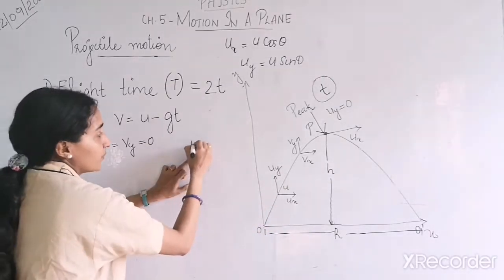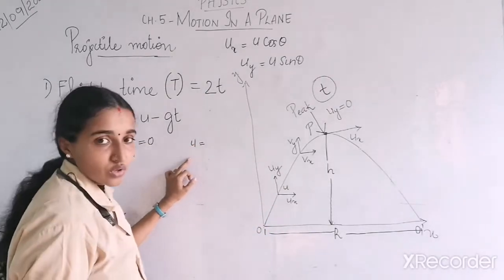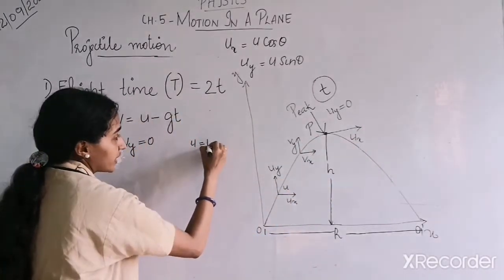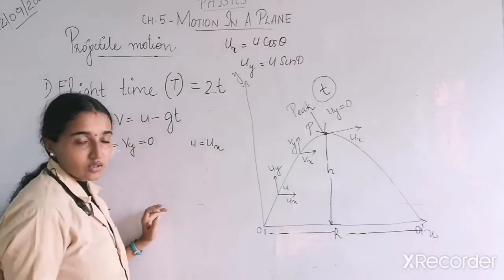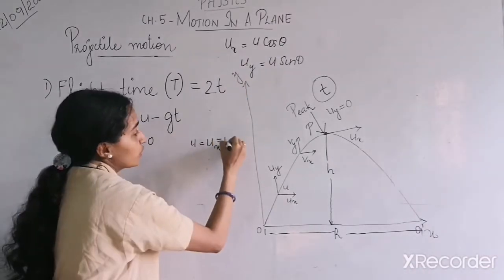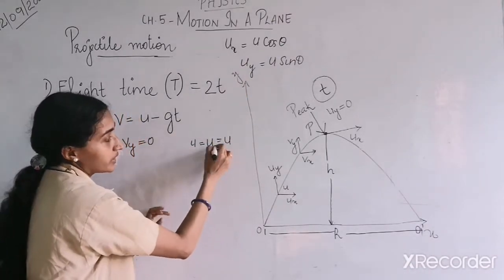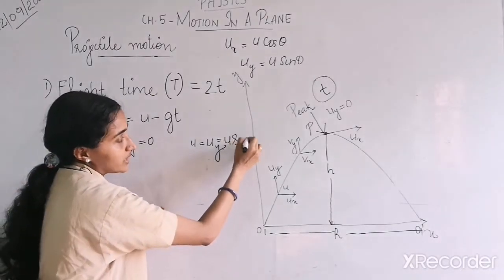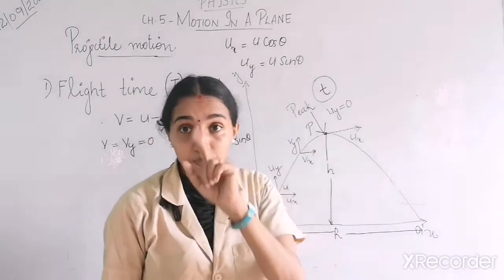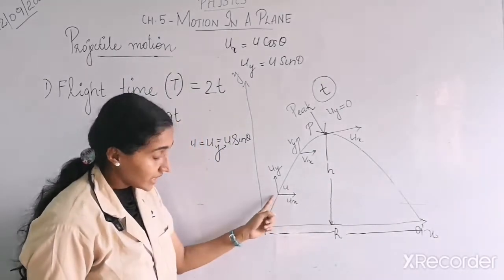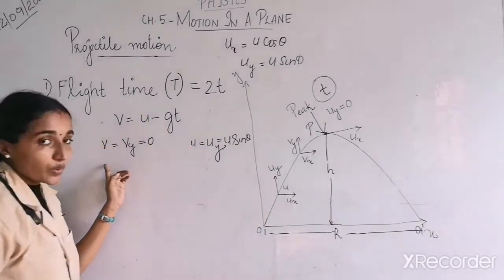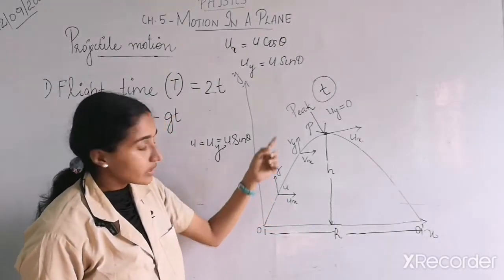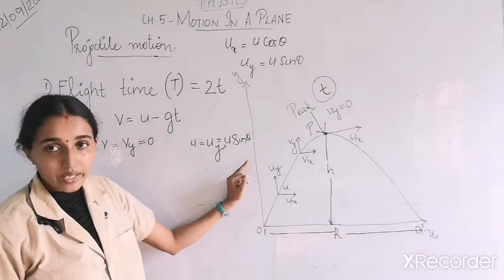Now what about u? u will be the vertical component uy, which is u sin theta, for the initial velocity here. v is for the peak point and u will be the initial position. There you will have the vertical component uy.